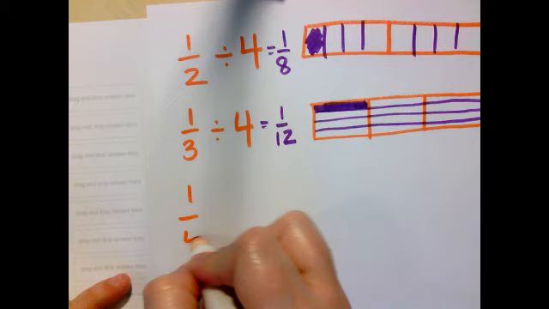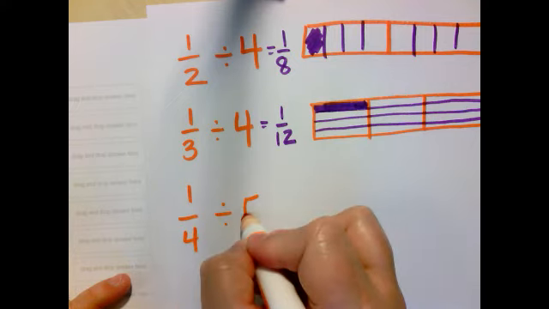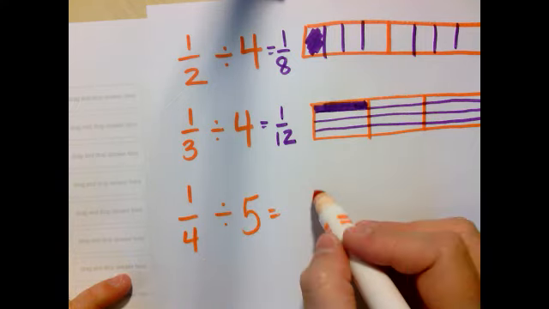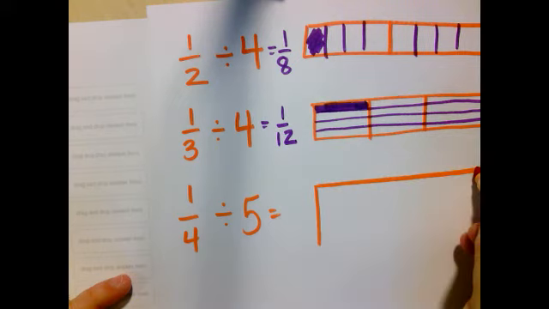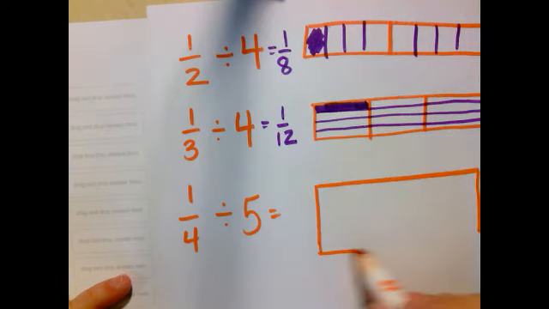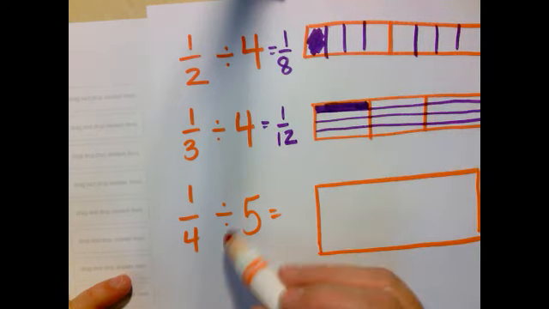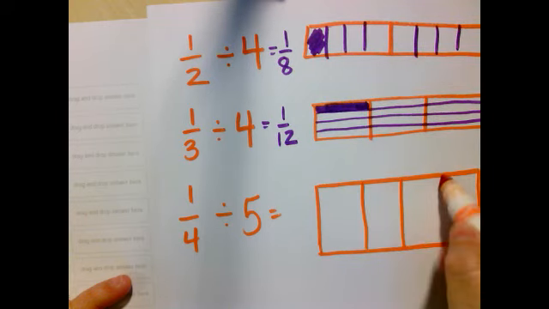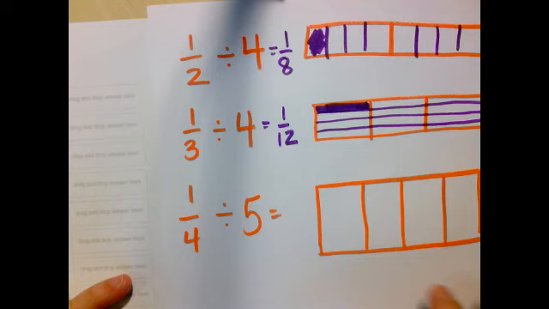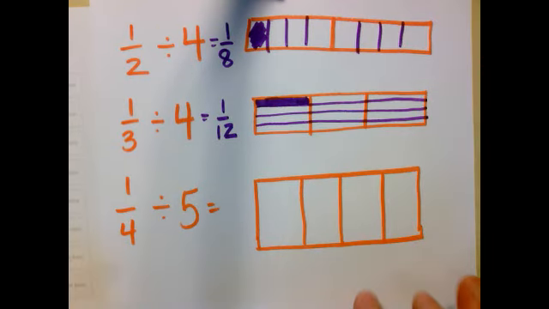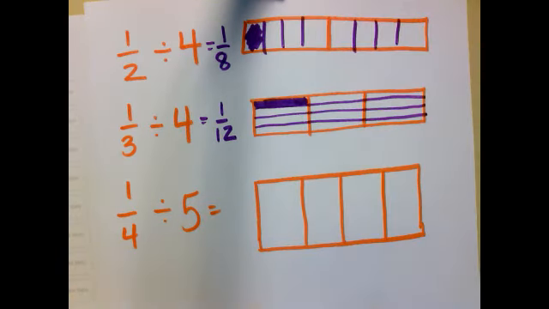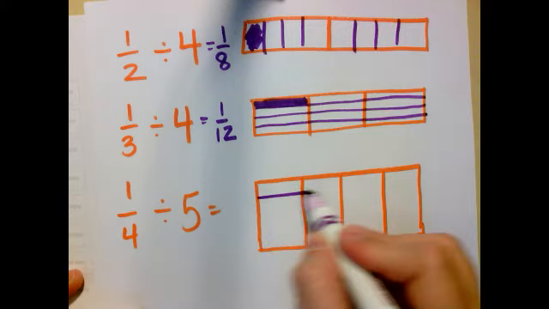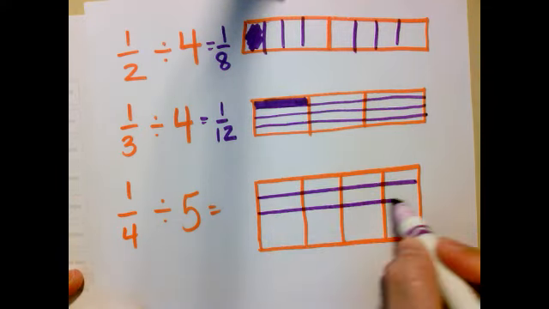All right, so then we had 1/4 divided by 5. So if I use the same little model here, so I'm going to have 1/4. So let me make fourths here. So there's my fourths. And then I am going to split that into 5 pieces.